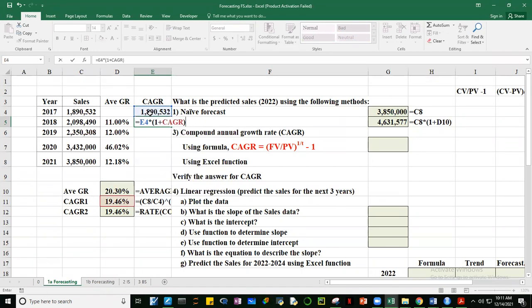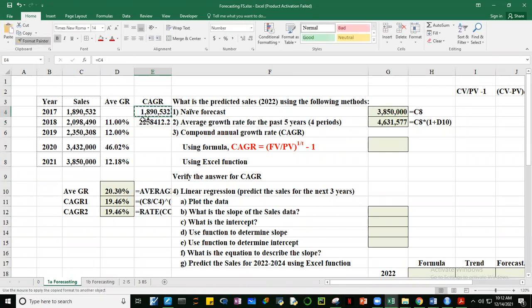We gave it a name para mas madali natin ma-access. Okay, control enter. Copy ko lang yung format nito. Okay, 225. Of course, it's not the same as 2098. Ang importante, guys, we let this grow by the CAGR, another period, and then another period.